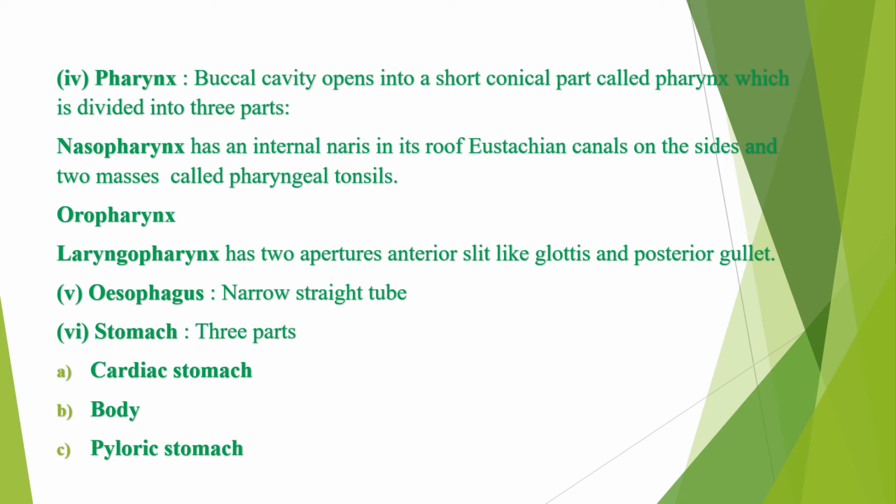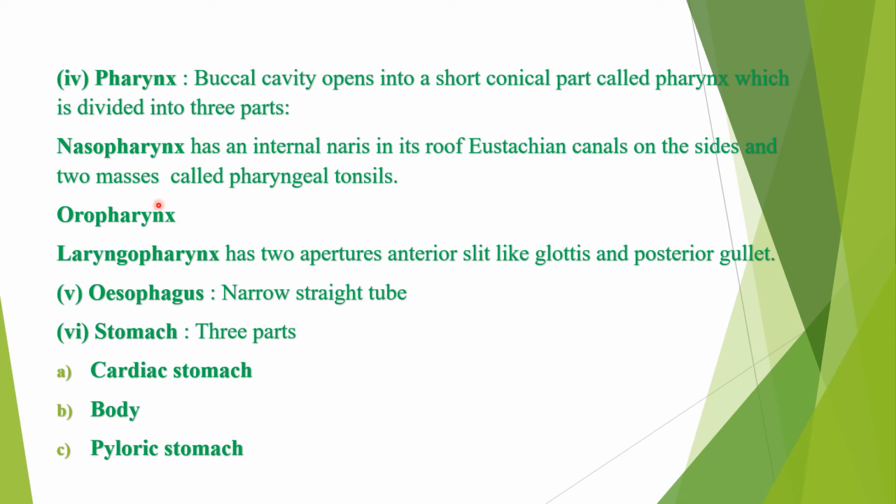Now the next part of the alimentary canal is the pharynx. The buccal cavity opens into a short conical part, pharynx. It has three parts: nasopharynx, oropharynx, and laryngopharynx. Nasopharynx is mainly associated with the respiratory system because it has internal nares in its roof, eustachian canals on its sides, and pharyngeal tonsils are also present in the nasopharynx.